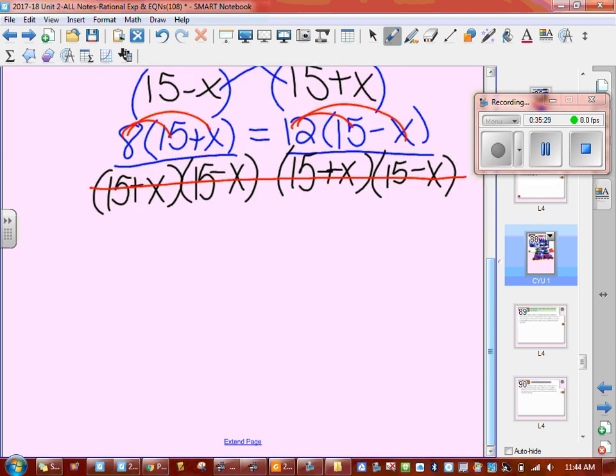Okay, multiplying into the brackets, we are going to end up with 120 plus 8x and 120 minus 8x.